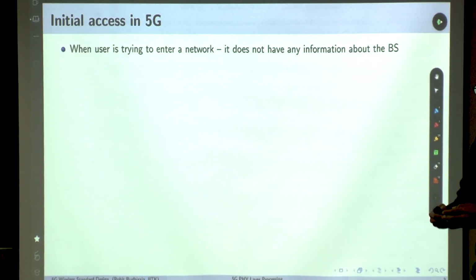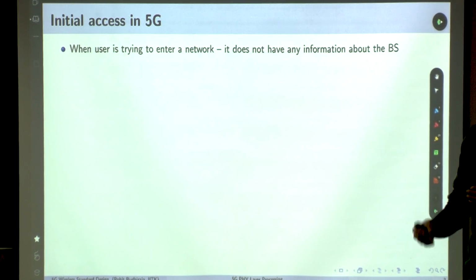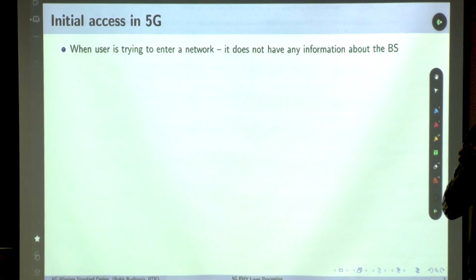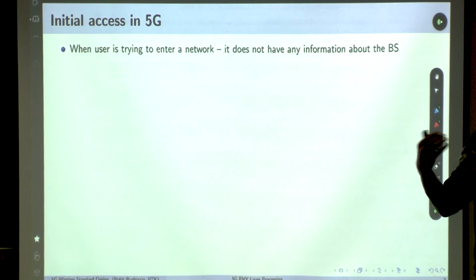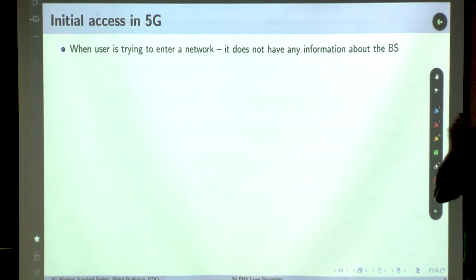Now, when you have a cellular network, this problem becomes more severe because you move from one cell to another, and then from that base station to another base station. If they are synchronized to each other, it's okay. If they are not synchronized to each other, then you will have to synchronize to the other base station.